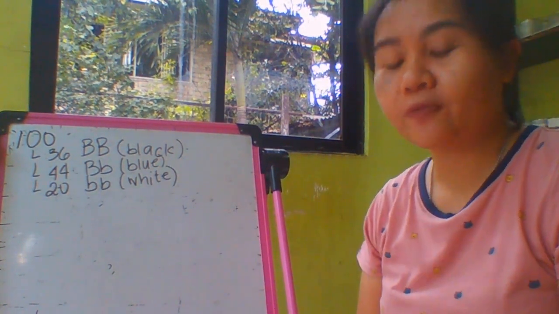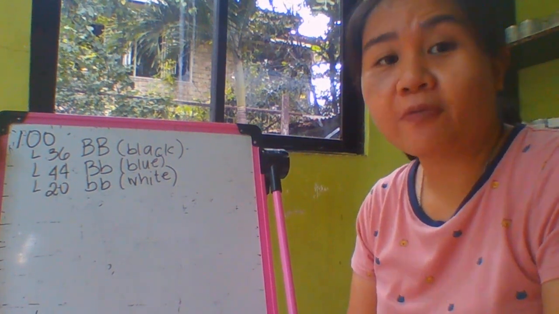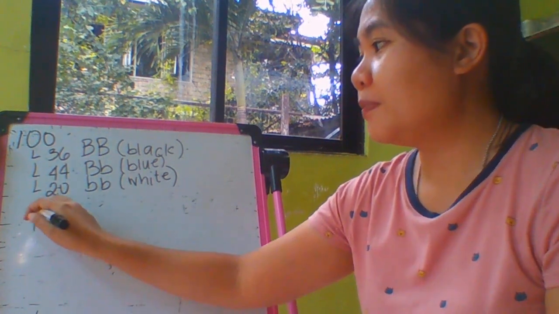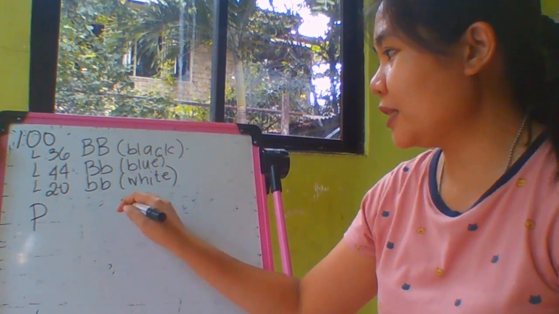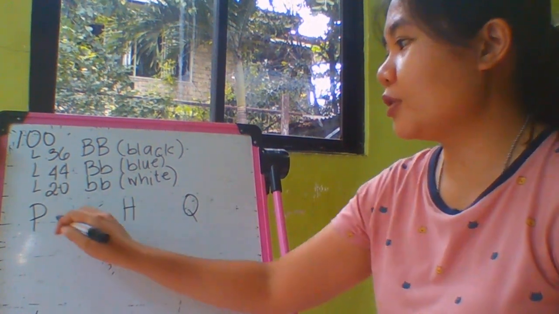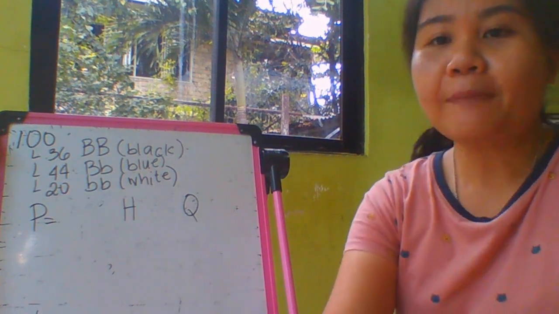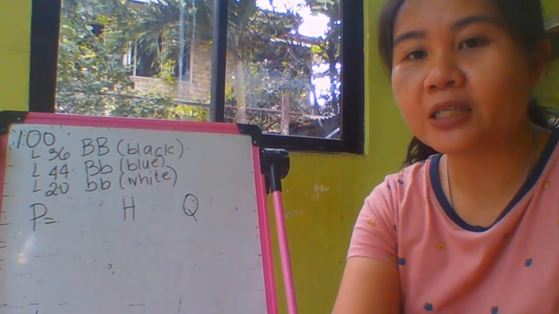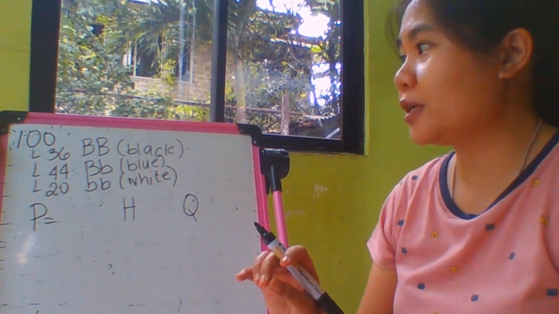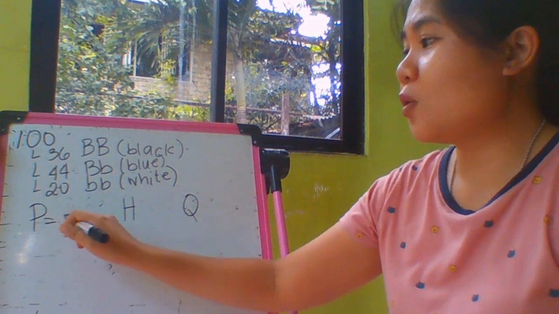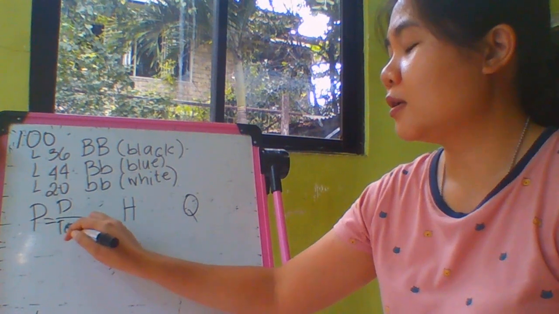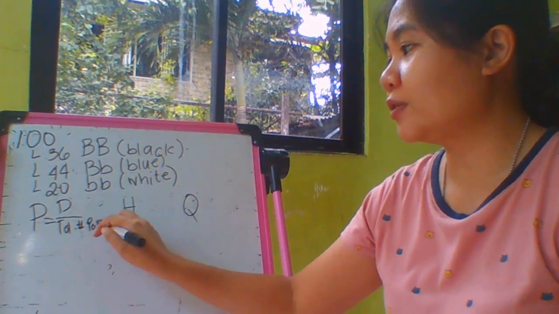So we're going to solve first the genotypic frequency. When we say genotypic frequency, it's often represented by capital letters, starting with the letter P. Capital P is the dominant trait, so we have the dominant over the total number of population.